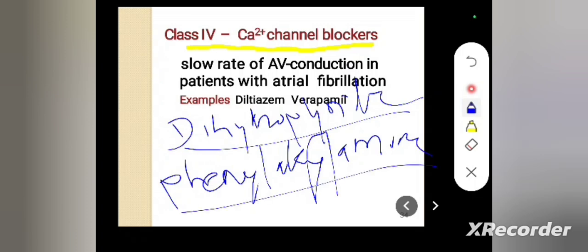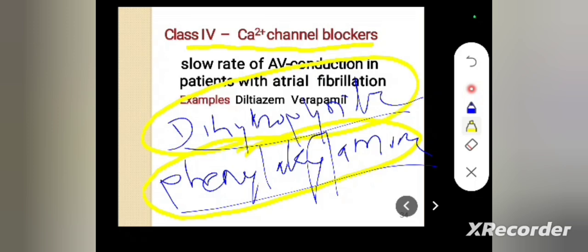When talking about antiarrhythmic activity, it is shown only by the phenylalkylamine derivatives. The dihydropyridine derivatives do not have antiarrhythmic activity; they act only as anti-anginal drugs.